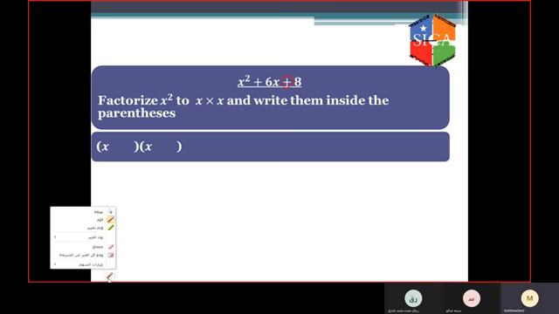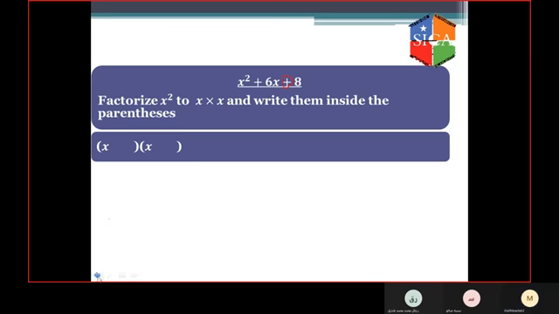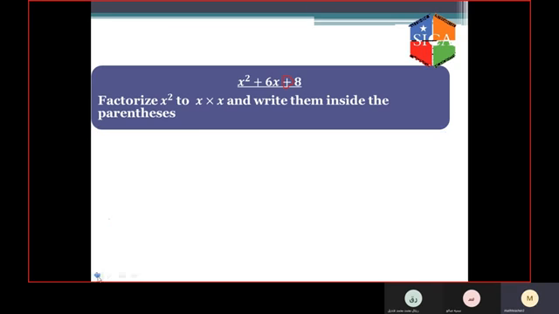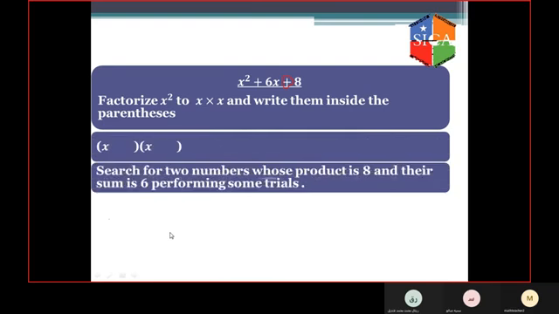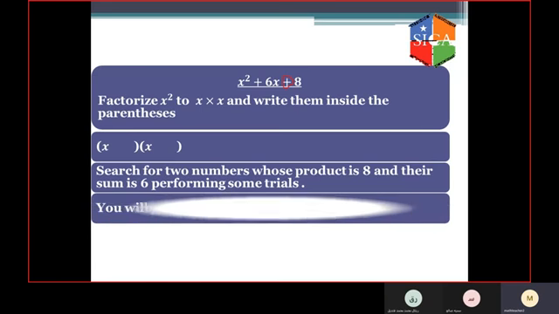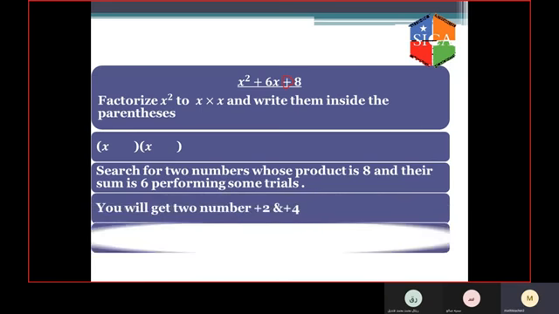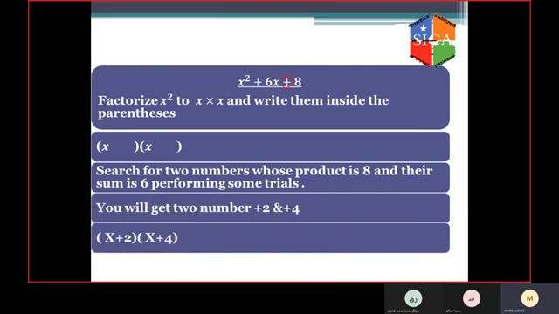We try to get two numbers. Their product is 8 and their sum is 6. The two numbers are positive 2 and positive 4.